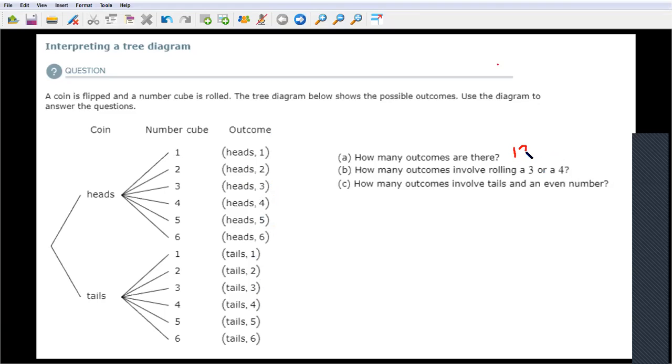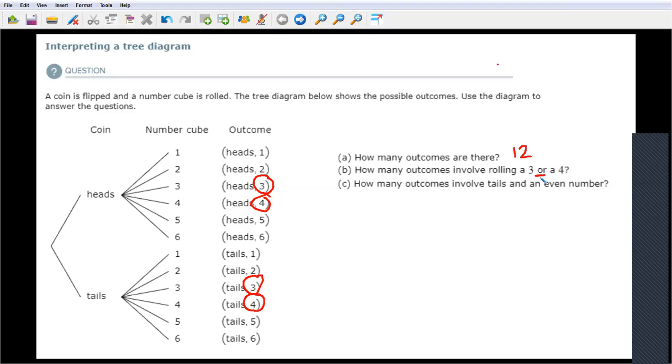The second question, how many outcomes involve rolling a 3 or a 4? Well, if you take a look at our possible outcomes, we've got 3, 4, and then another 3, and another 4. The key word that you want to look at here is "or."